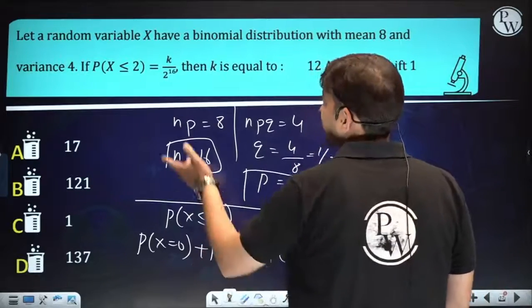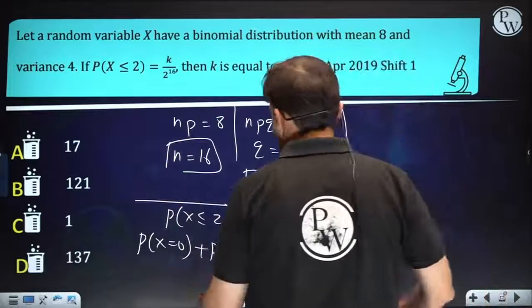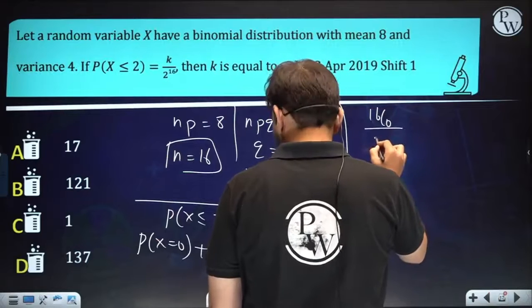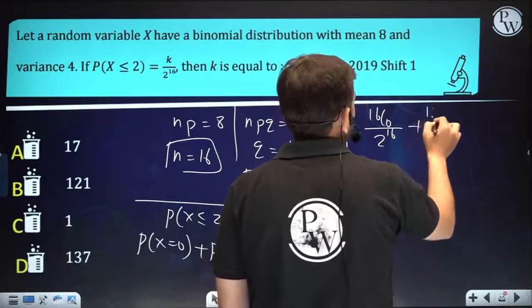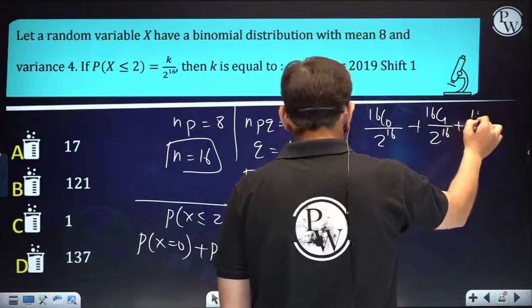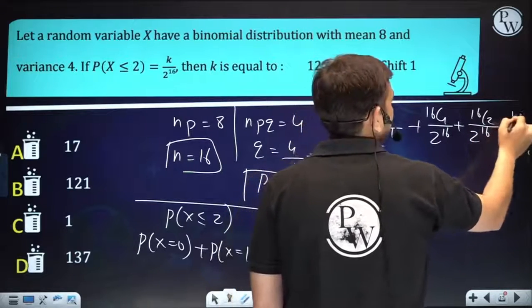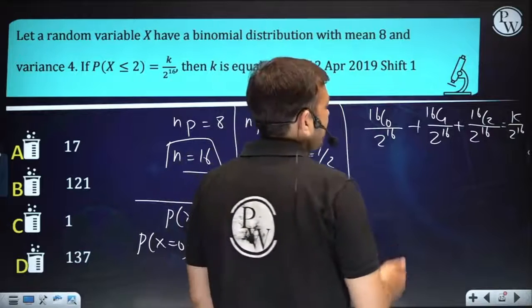With mean 8 and all, p is the same only. So x equals 0 means 16C0 by 2 to the power 16. Now x equals 1 means 16C1 by 2 power 16, then 16C2 by 2 power 16 is equal to k by 2 power 16. So 2 power 16 will get cancelled, sir.